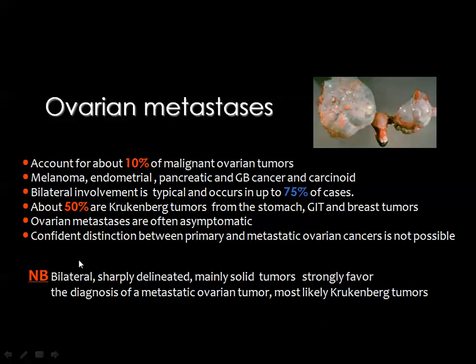The distinction between a primary and metastatic ovarian cancer is not possible, but if you see bilateral, sharply defined, mainly solid ovarian masses, this will strongly favor the diagnosis of metastatic deposits to the ovary, and is usually of the Krukenberg type coming from the stomach or the breast.